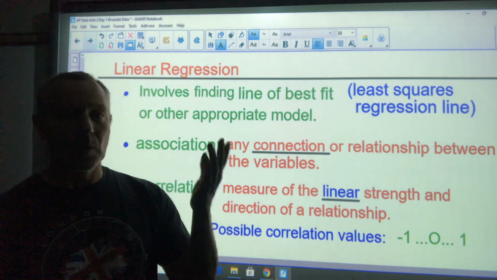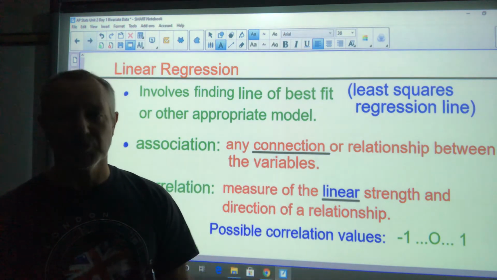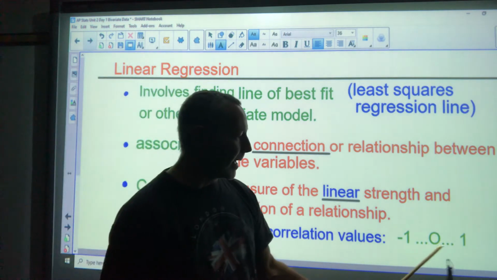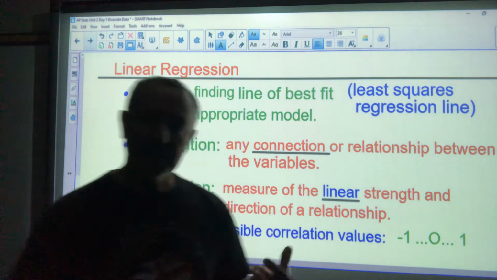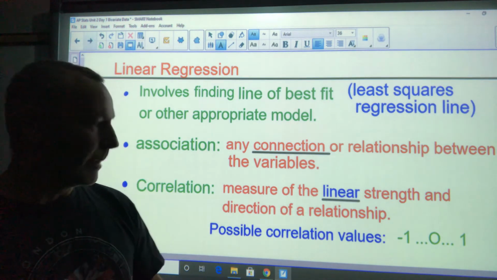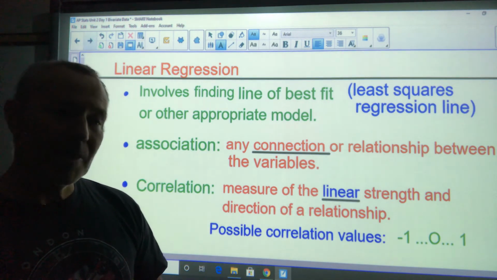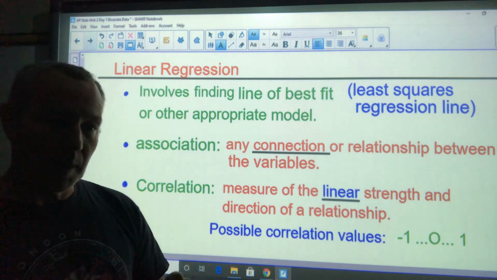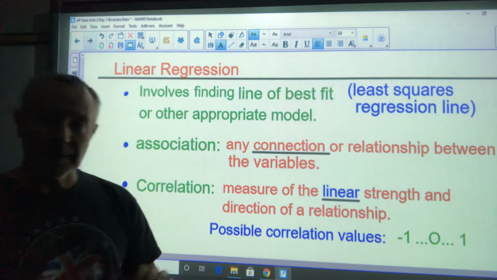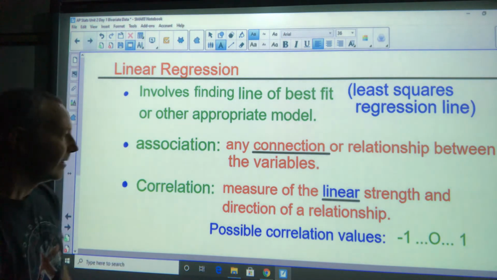You can't tell if it's going up, down, left, or right. It's usually just a blob. No relation at all. That's our worst. Then +1 is the same as -1, perfect correlation, except heading in an uphill direction. Again, perfect correlation means every single point is exactly on the line. All of your real values match exactly with your predicted values.